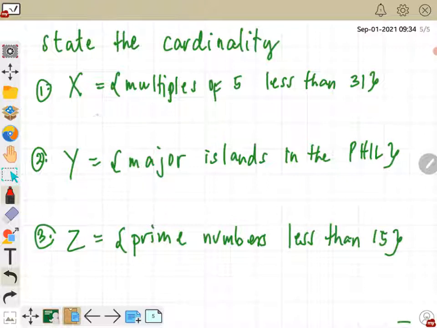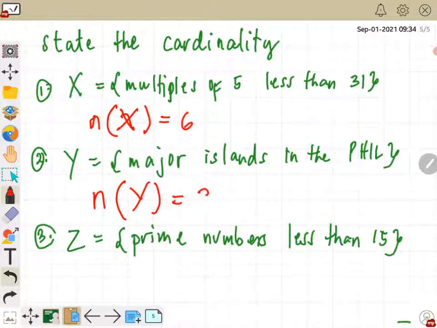So that gives us the number of elements in set X is 6. Number 2, we have major islands in the Philippines. What are the major islands in the Philippines? The Luzon, Visayas, and the Mindanao. So the number of elements in Y is 3.